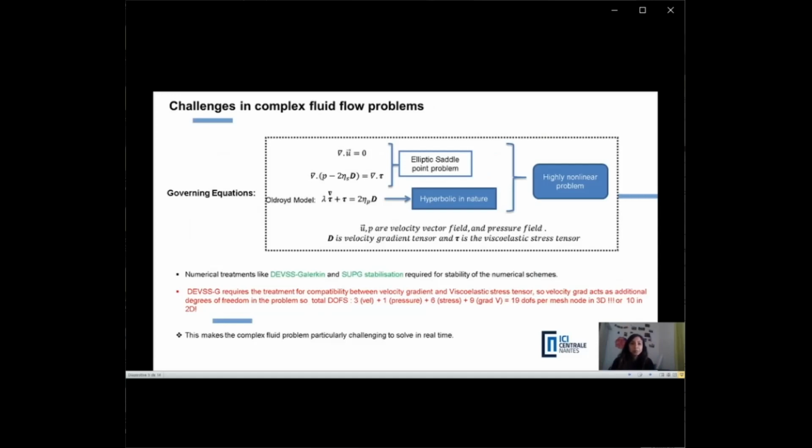And we need to introduce some numerical treatments like DEVSS-Galerkin to stabilize the momentum equation, which adds 9 degrees of freedom of the velocity gradient field to velocity, pressure, and stress tensor, which adds up to 19 degrees of freedom per mesh node in 3D, or 10 in 2D. And we can use SUPG stabilization to stabilize the constitutive equation. So overall, this makes the complex fluid problem particularly challenging to solve in real time.